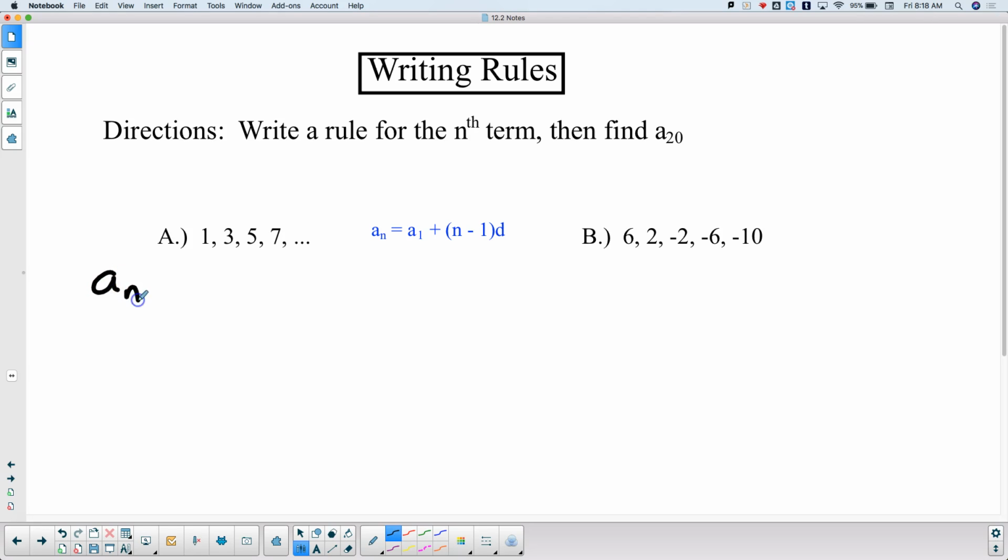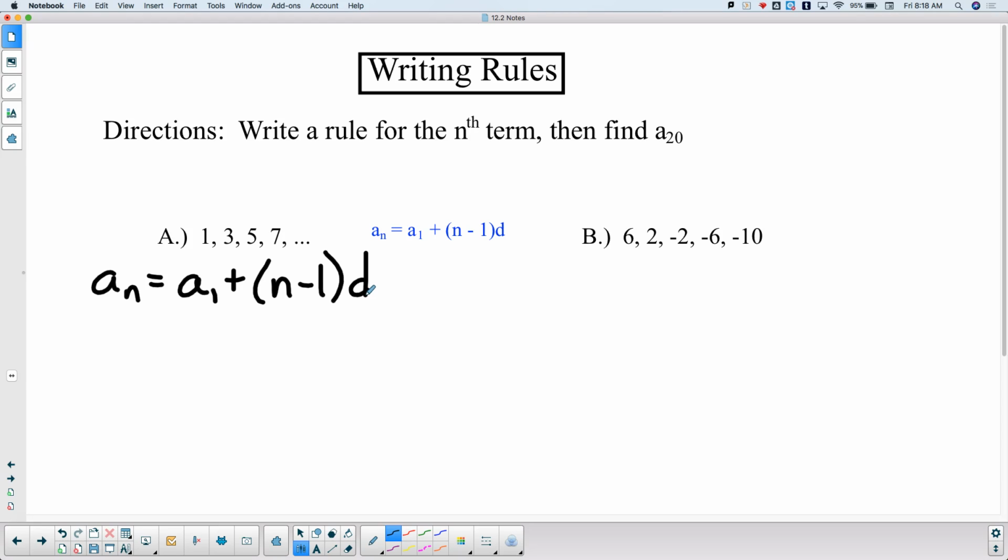So start with a sub n equals a sub 1 plus the quantity n minus 1 times d. Okay? Start with that every time. Why? It's going to transfer it over into your long-term memory much faster. You'll understand how to use it much better. You'll have a deeper understanding of everything that's involved with it if you start with it.